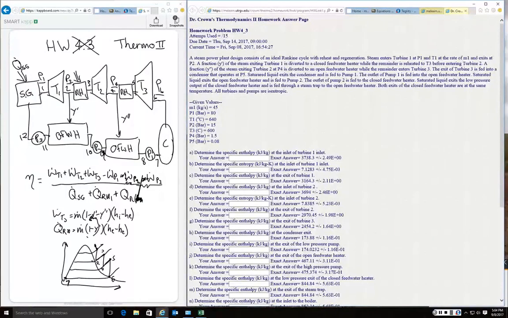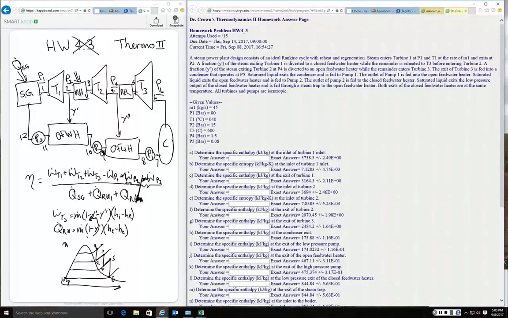The pressure gets raised to the next pressure, which is 8, and then the open feed water heater brings it to state 9, and it gets raised to the next pressure, which would be state 10, and then finally the last pump gets raised to the final pressure, which would be state 12.